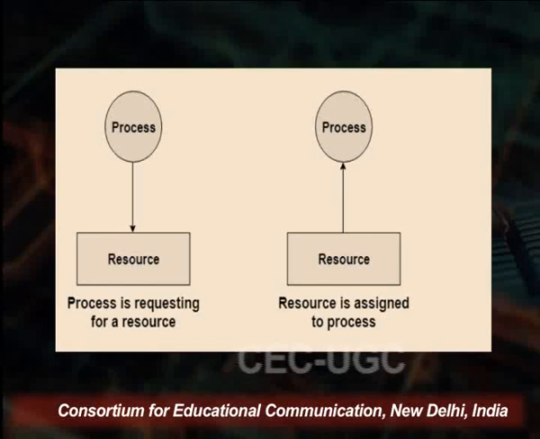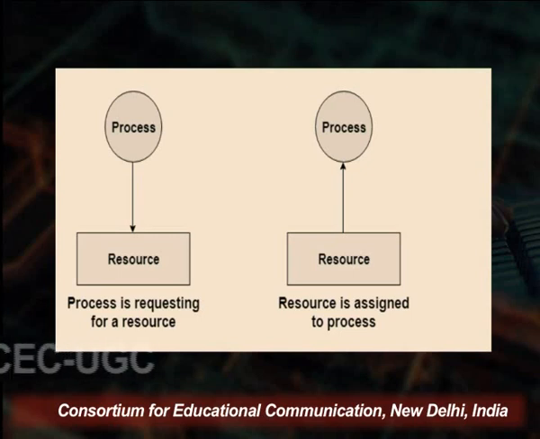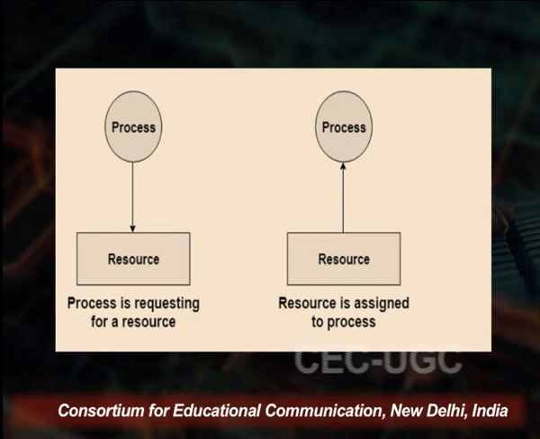So now, when a process is requesting a resource, this will be the figure on the left side, that is, the edge goes from process to resource. Similarly, on the other hand, if the resource is assigned to the process, then the arrow is pointing towards the process and goes from resource to process.